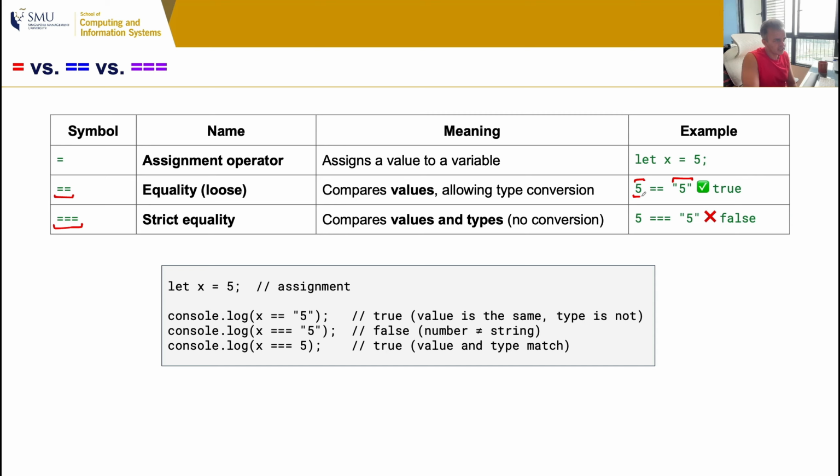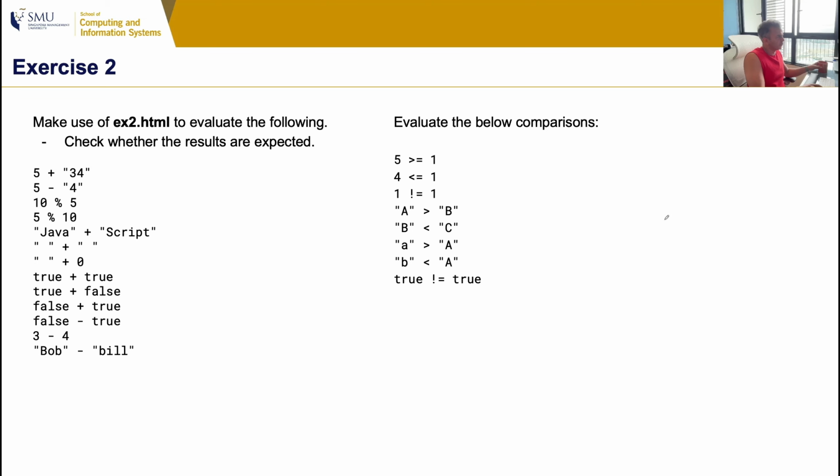I believe in this case the first 5 will become a string, and then string 5 is the same as string 5. So fine, this is true. But if you use triple equals, then JavaScript will compare the type first, and say, okay, it's not even the same type, so no point comparing the values. So this is false. So that is the second exercise for you to understand how these things work.